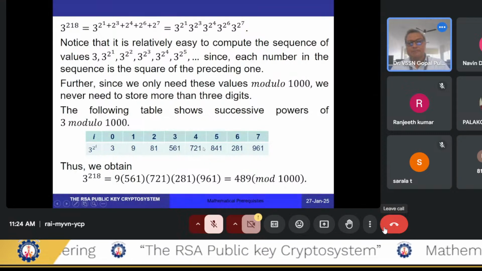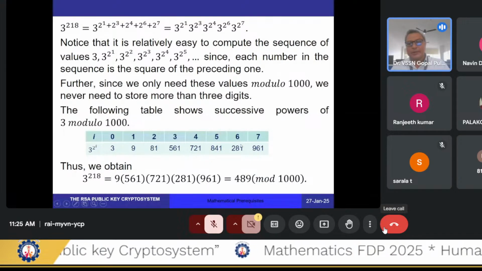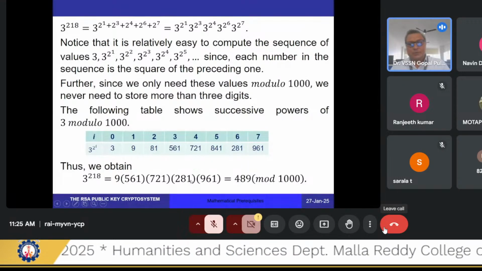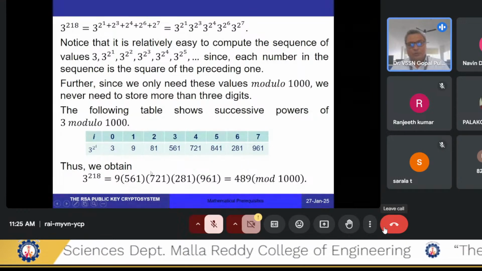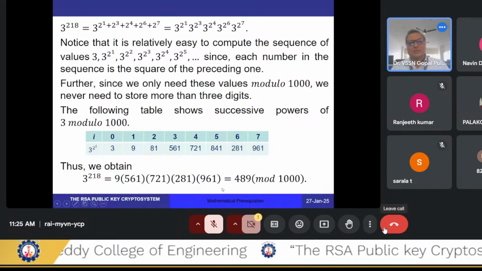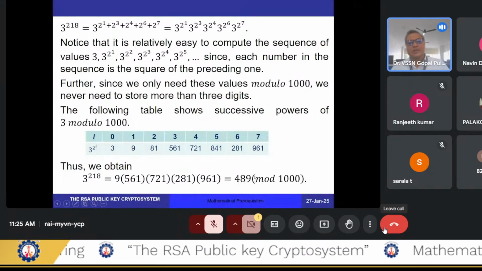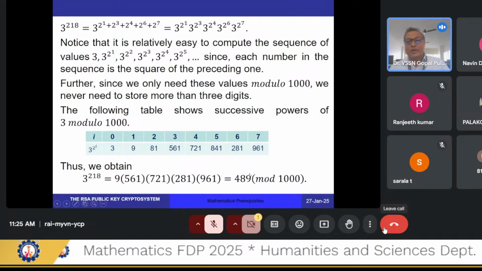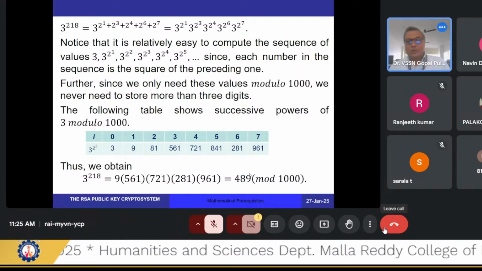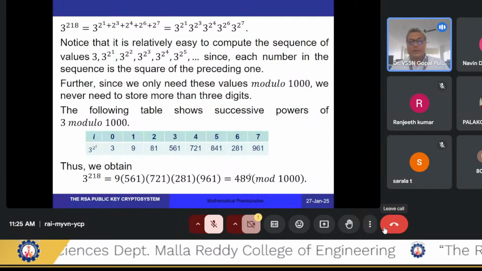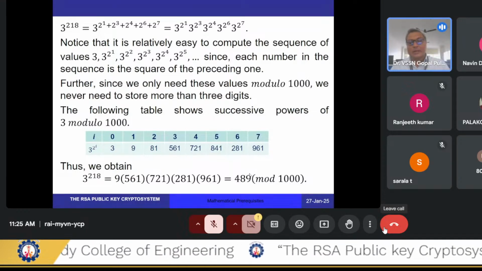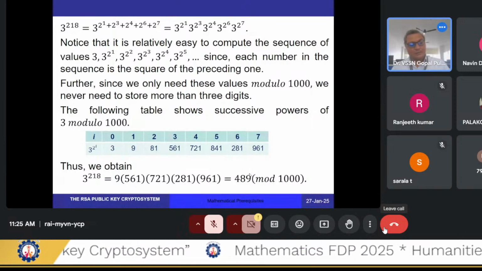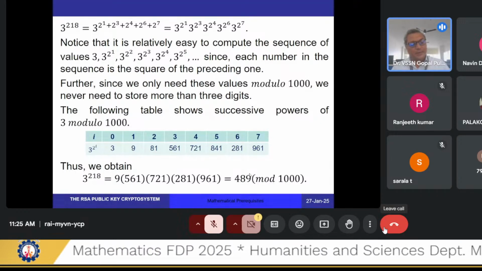Then 3 power 2 power 6 is 281, and 3 power 2 power 7 has the value 961. If we consider the product of all these 5 numbers under mod 1000, we finally end up with 3 raised to the power 218 under mod 1000 as 489. If we divide 3 raised to the power 218 by 1000, we get the remainder as 481.